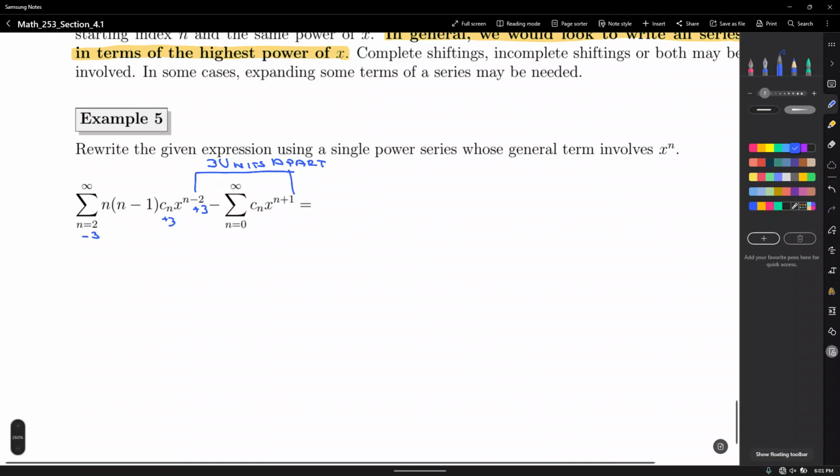The problem is that the starting index would be a negative number, outputting a potential negative exponent. The definition of a power series is that it contains only positive integers and zero. For negative exponents, that's something else. That's Laurent series, which you'll get to see in complex analysis. Not now.